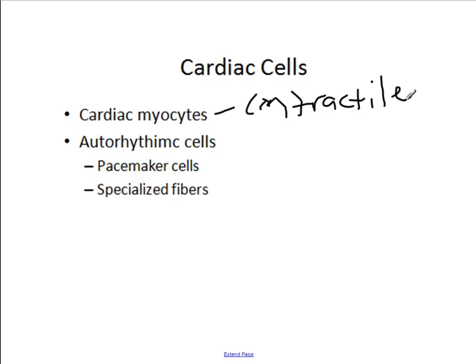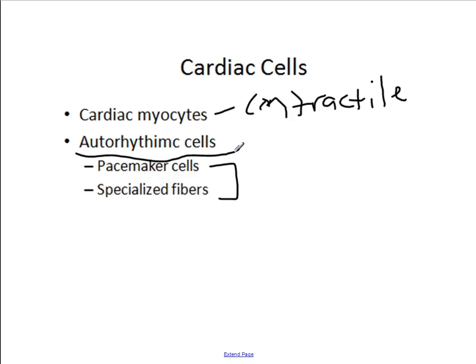And there are two subcategories of these autorhythmic cells, which are called pacemaker cells and then specialized fibers. But for the sake of this video, I'm going to focus on the general aspect of this because they depolarize and repolarize pretty much the same. It's just that what varies realistically between the two is where they're found and the rates.